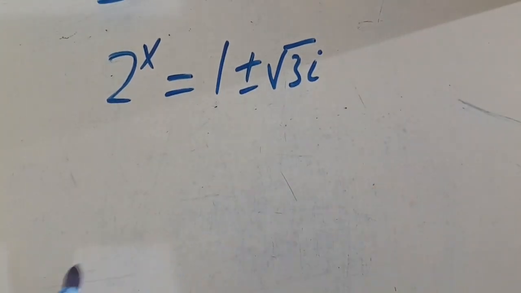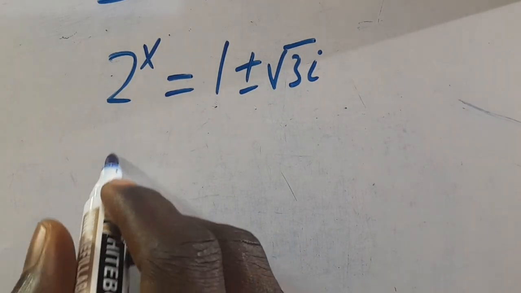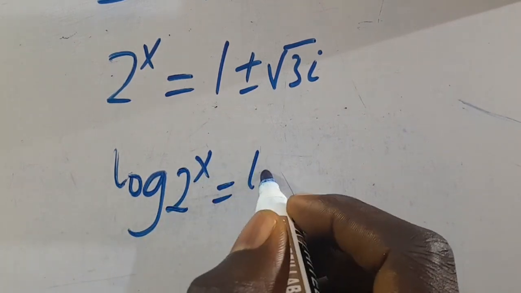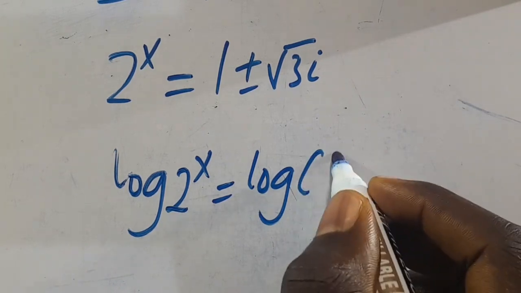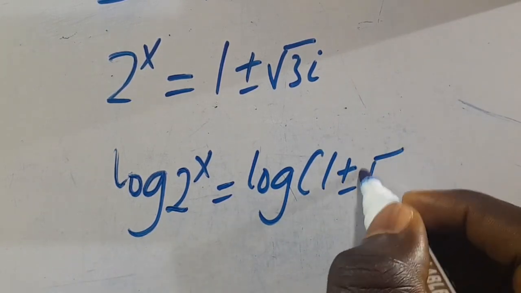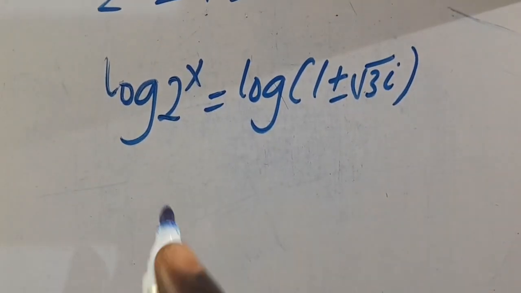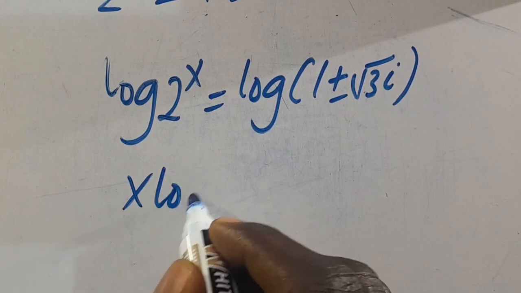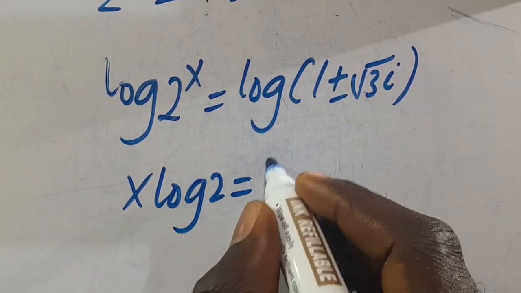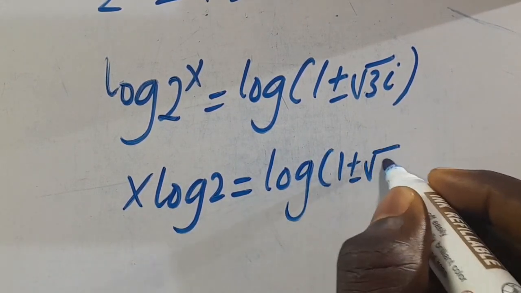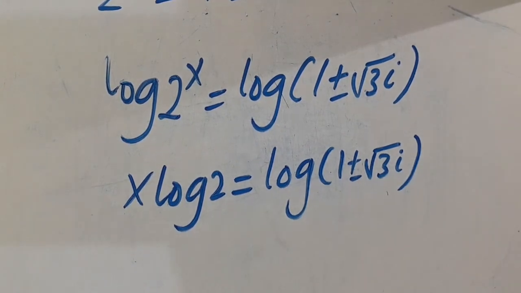So this i symbolizes that we have a complex solution, and from here you can take the log of both sides, then here will be x multiplied by log 2 equals log of 1, positive or negative, root 3i.